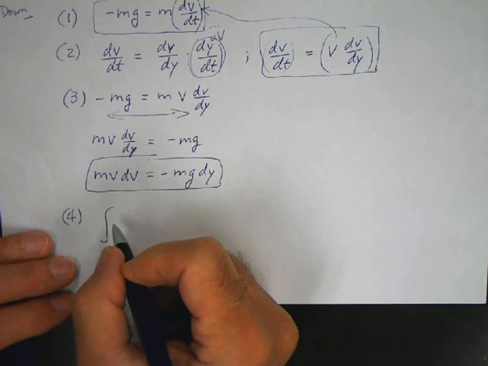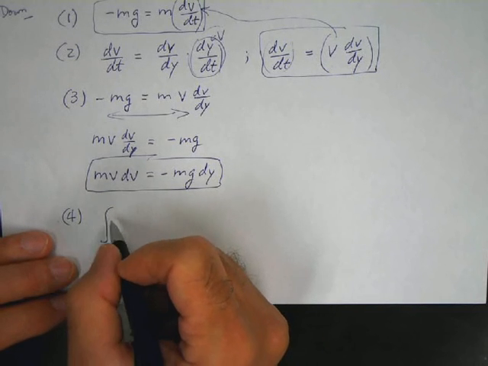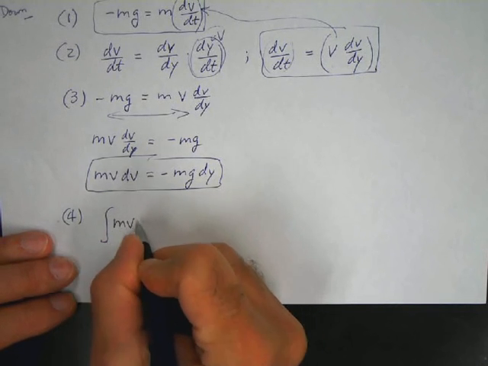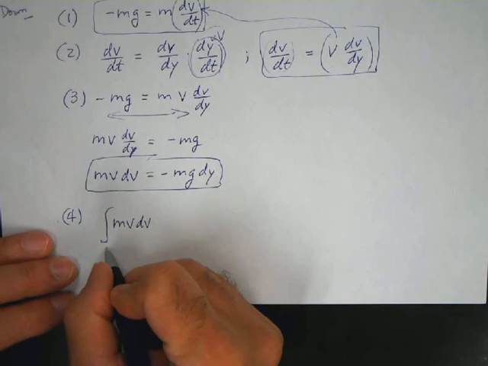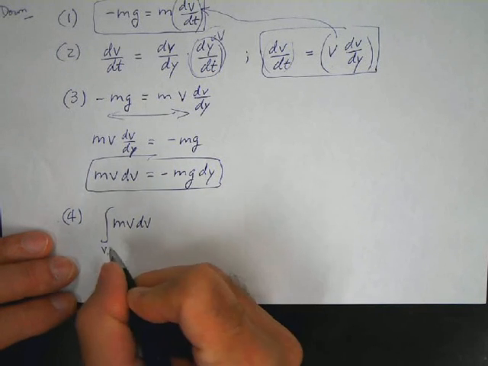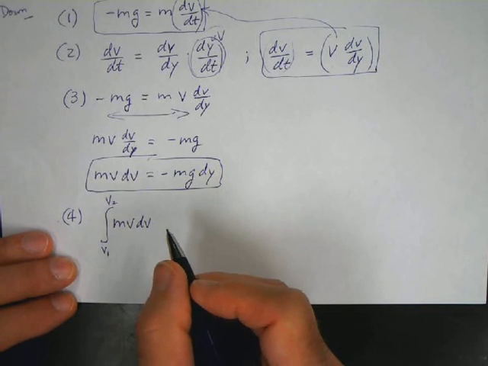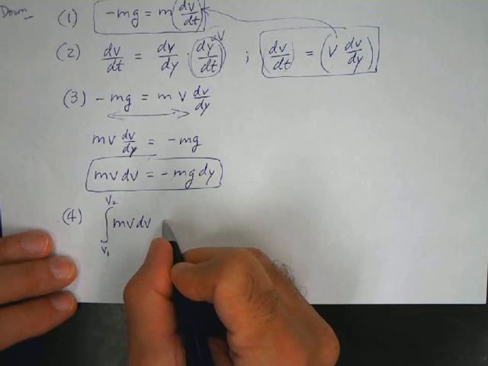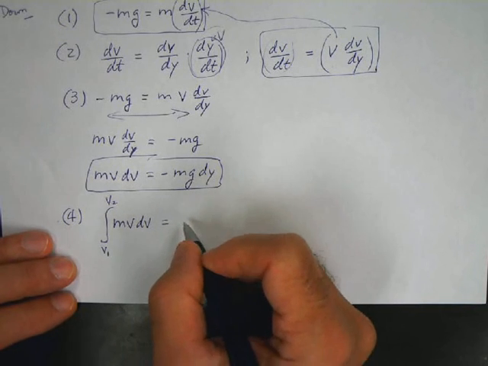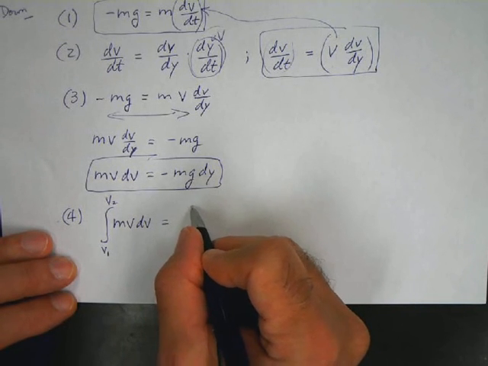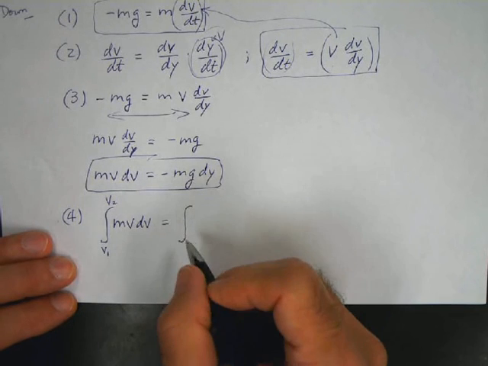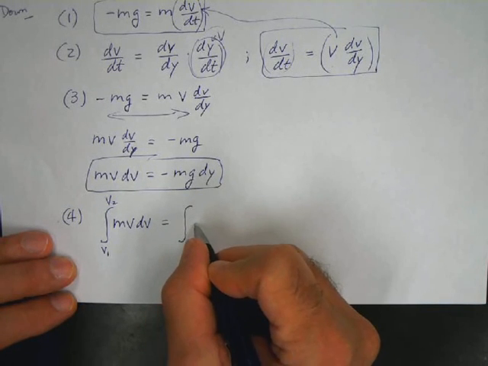The next step, we can take this now and we can integrate both sides. So we'll take the integral of mv dv from, let's say, our initial velocity v1 to our final velocity v2, for our limits.